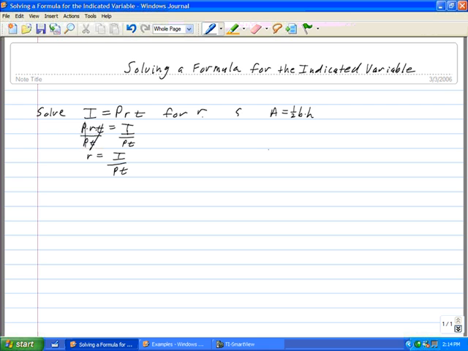But if you're asked to solve this for H, what that means is we want a formula where we can plug in A and plug in the B and have H. So what we want to do is, in this case, first of all, we have this 1/2 we might want to get rid of. We will do that by multiplying both sides by 2. So now the fraction's gone.